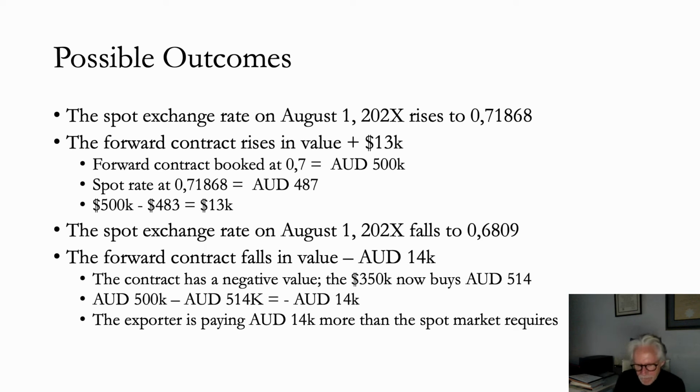Because the $350,000 at the spot rate when payment is to be made can purchase 514,000 Australian dollars, not the obligatory payment under the forward contract of 500,000 Australian dollars. So that contract is worth less than what could be purchased on the spot market for an identical amount of US dollars.